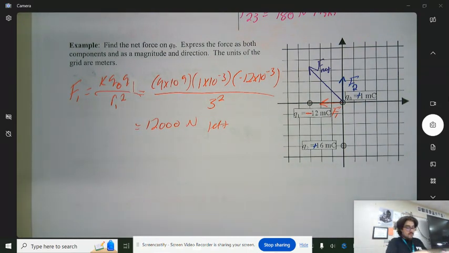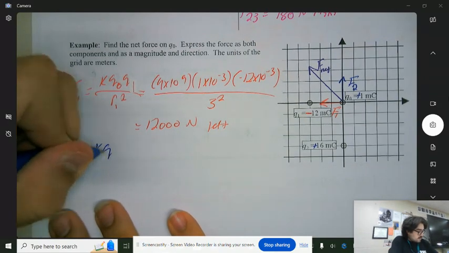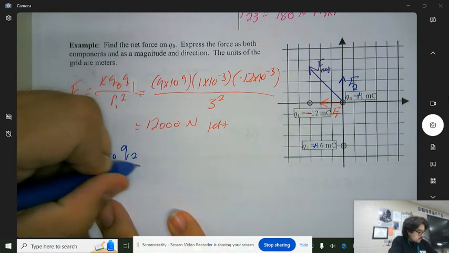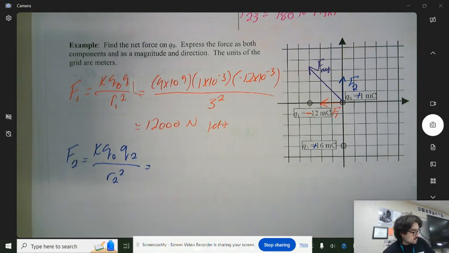Okay, for the force on Q2, k Q naught times Q2 over the distance between naught and 2, okay? Well, we just plug everything in, right?